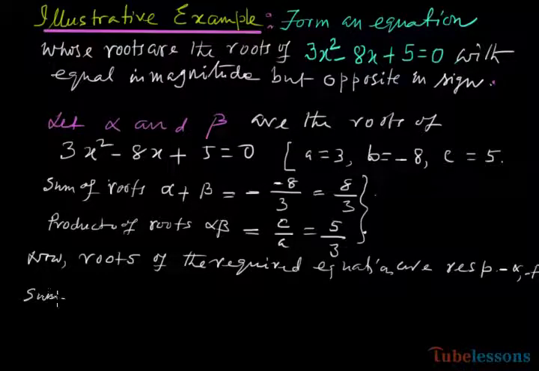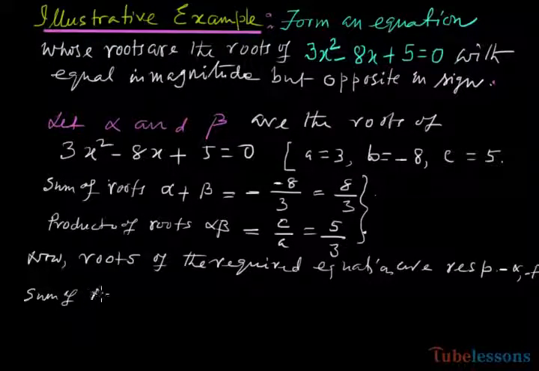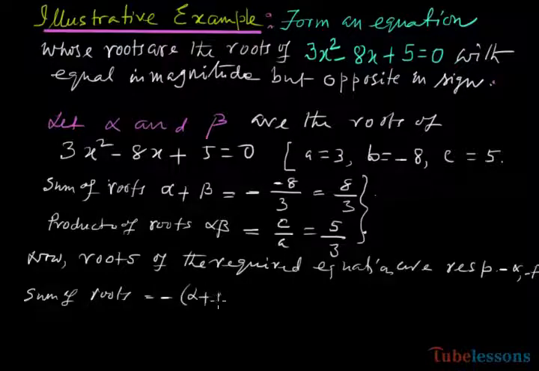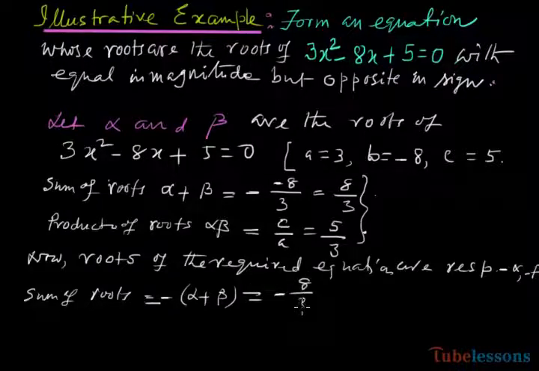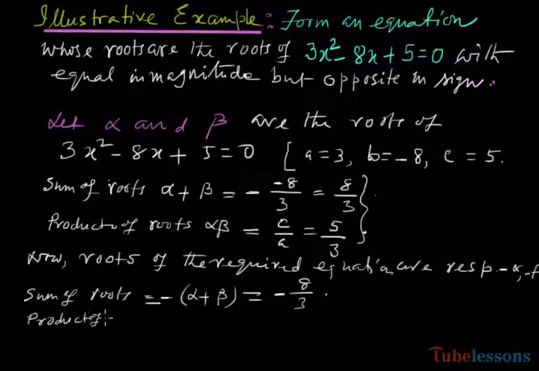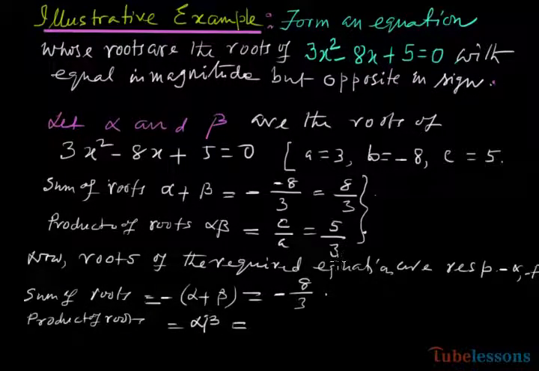Sum of roots is minus of alpha plus beta, which is equal to minus of 8 by 3. And product alpha beta is equal to 5 by 3.